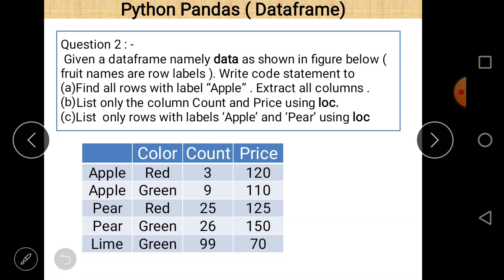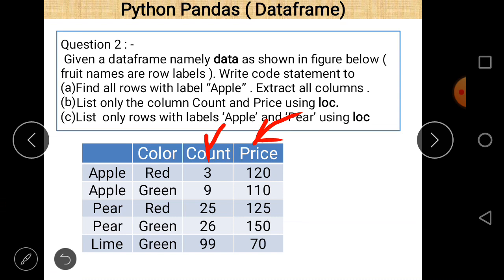list only the columns count and price using loc. List only the columns count and price. So there are only two columns, count and price. These two columns should be selected, count and price.